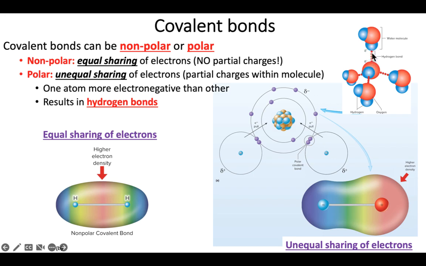And then we have an attraction between the partial positive of this hydrogen in this water molecule and the partial negative charge in the oxygen of a different molecule. That attraction is called a hydrogen bond.